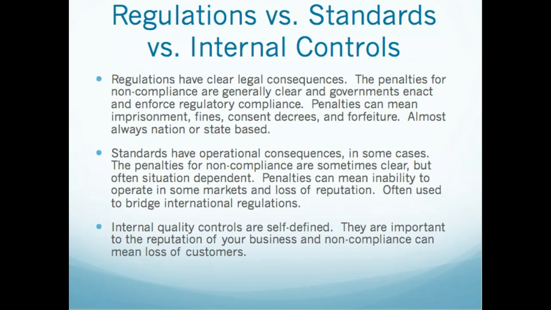You want a competitive edge over someone else, so you say, I'm going to manufacture my products to this standard. And finally, there's internal quality controls. You self-define those, right? You say that every piece of Kentucky Fried Chicken is going to have this balance of 11 herbs and spices. If you decide one day to do 10 herbs and spices instead of 11, you will not go to jail.